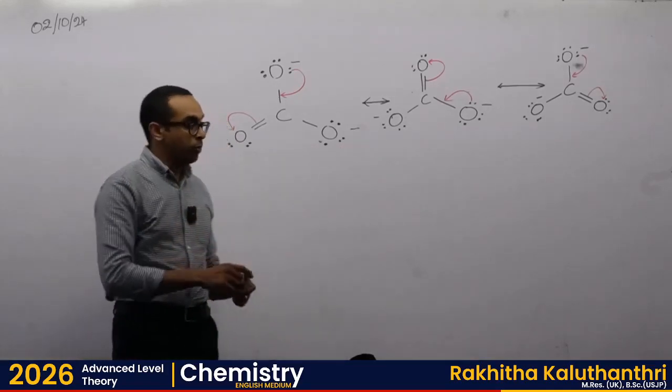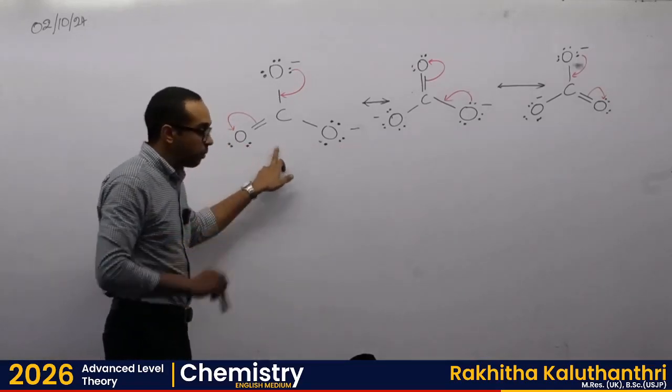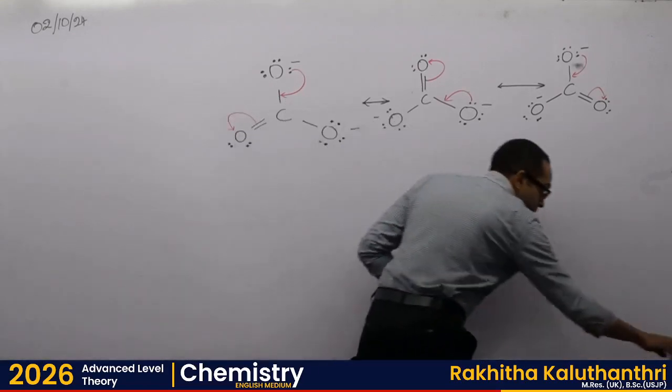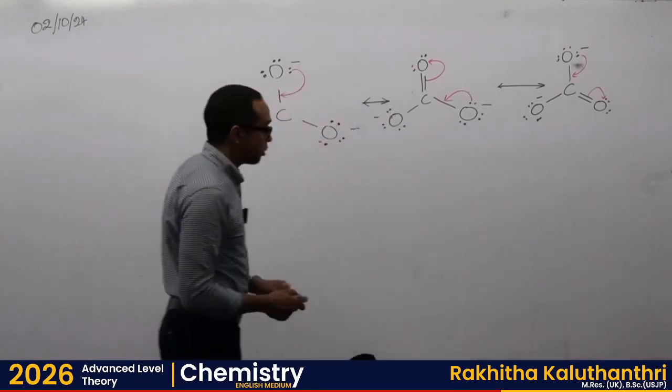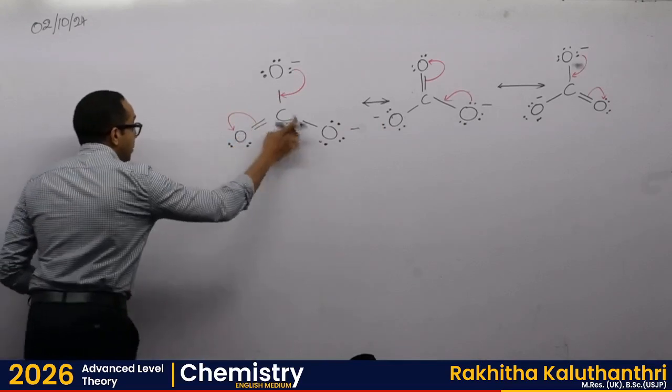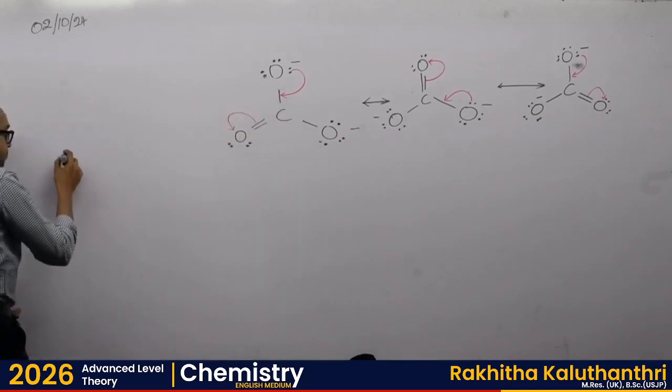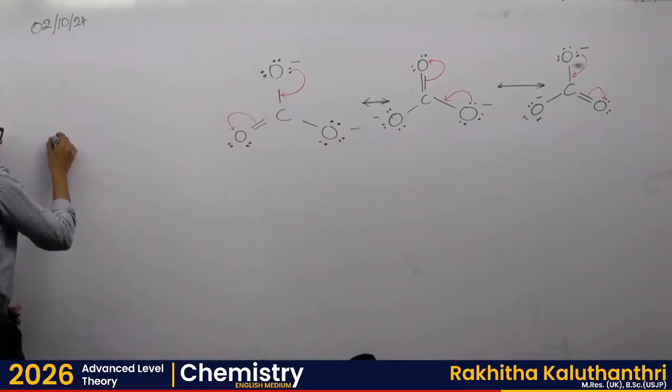Now, according to the molecules we have drawn, a carbonate ion, or according to the structures we have drawn, a carbonate ion has the following bonds.